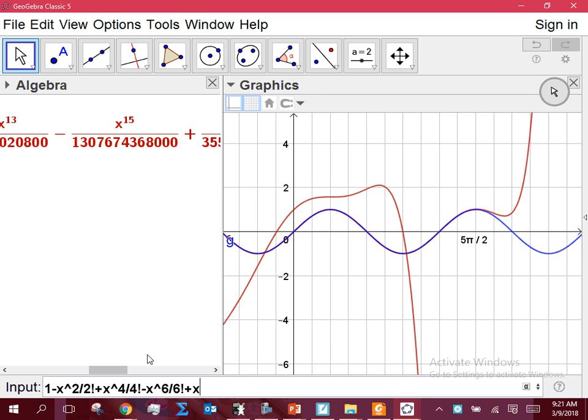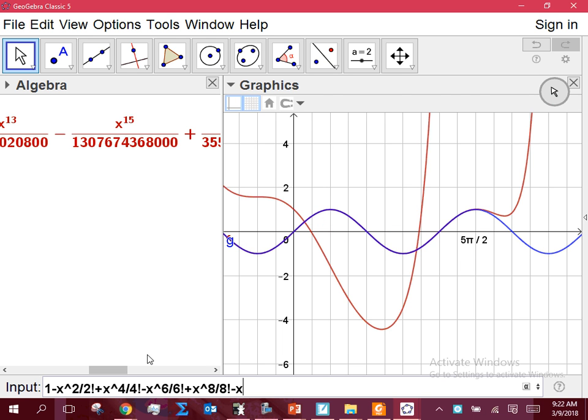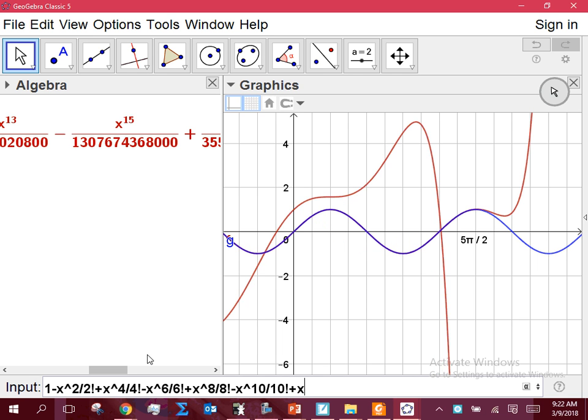Any guesses? No guesses. We just did the sine, and that was with odd values. So now I'm going to do the even values as exponents and factorials. It's going to eventually give me the cosine function, or an approximation for the cosine function.